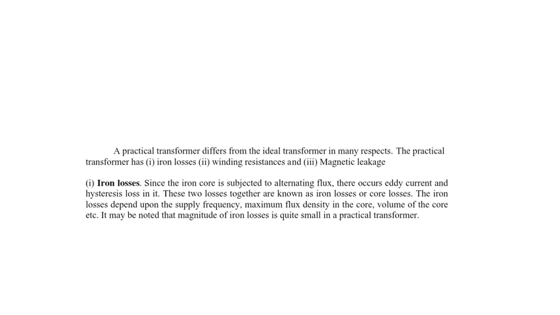Suppose you are using iron, then in that iron, due to alternating current, new currents are formed, called eddy currents, which oppose the changes, and hysteresis may also occur. Charging and discharging both will be there, and these losses together are known as iron losses or core losses.